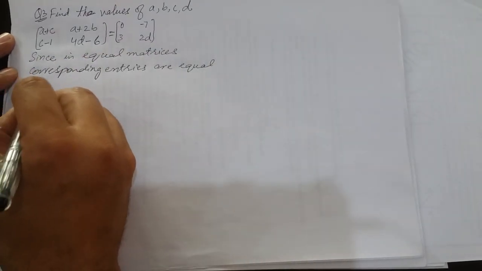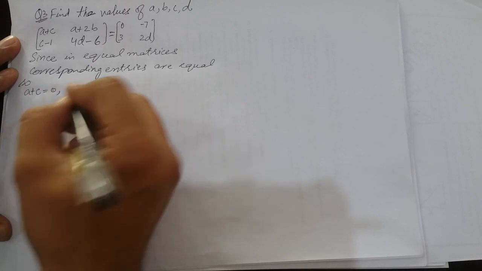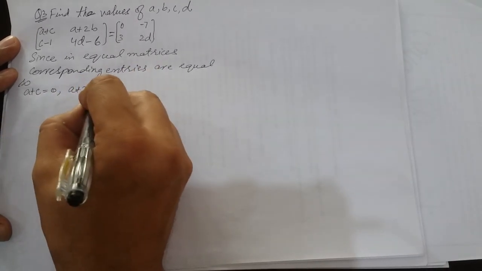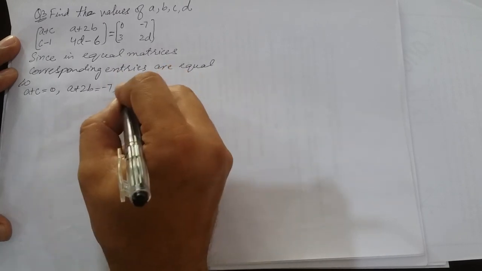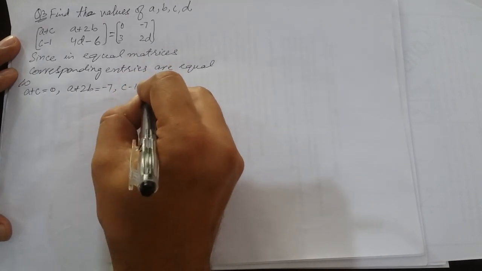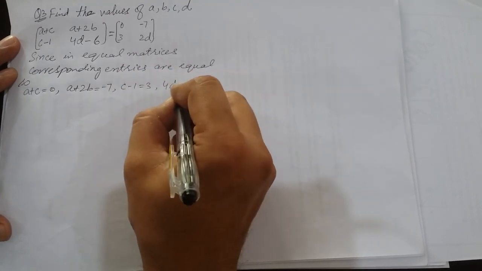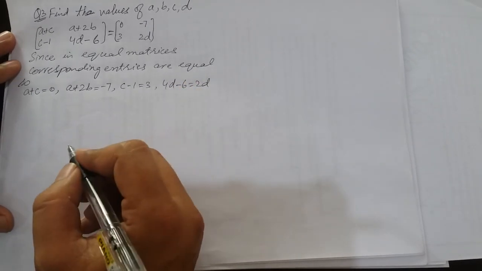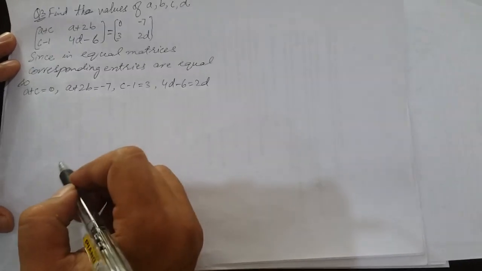I can write a plus c is equal to 0, a plus 2b is equal to minus 7, c minus 1 is equal to 3 and 4d minus 6 is equal to 2d. Now we will solve all these equations to get the unknown values.